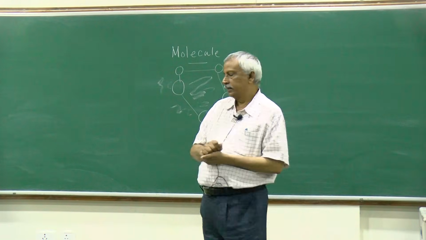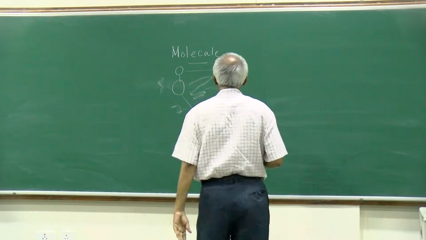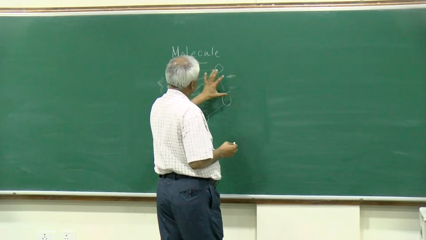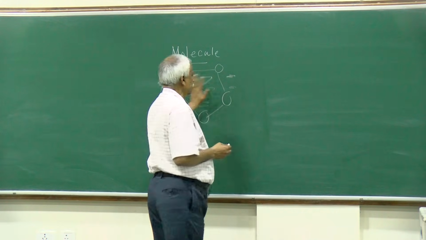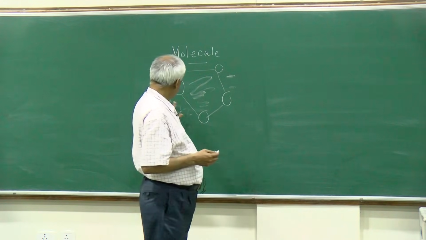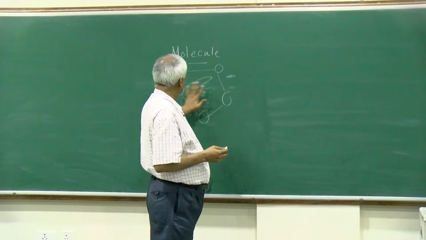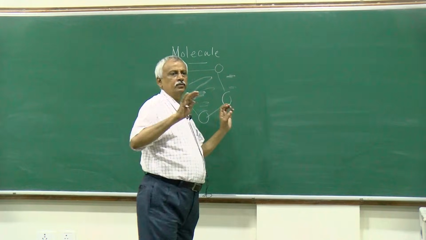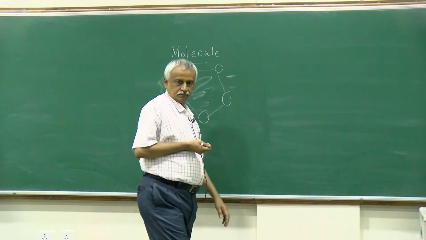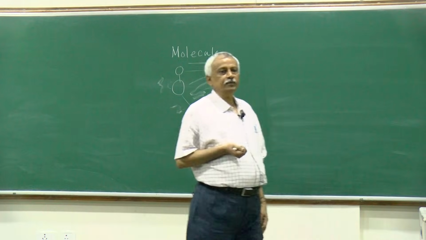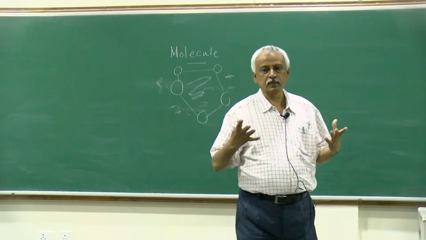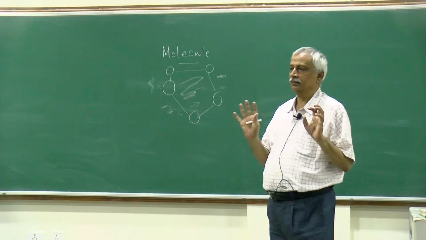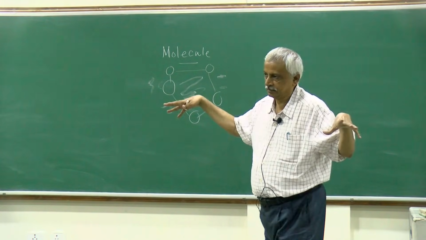So if I want to write, we don't consider the electron distribution as a smeared out charge. First, we consider them as just simple charged particles. That means we visualize the molecule as an assembly of several charged particles.